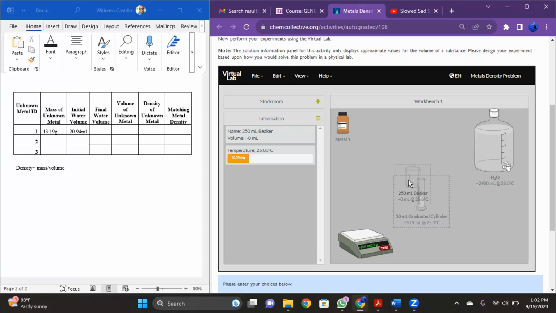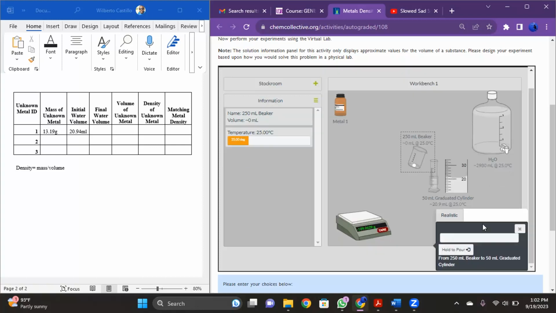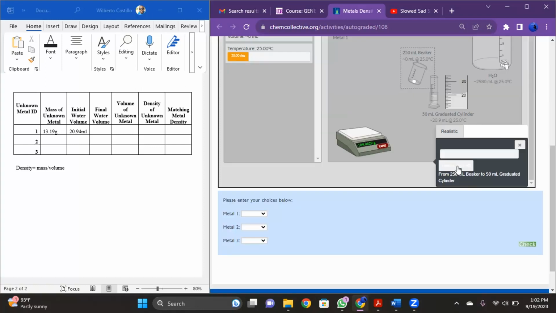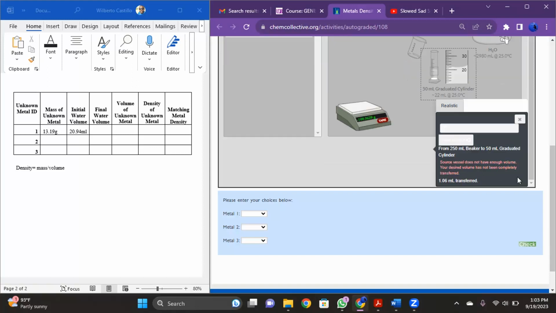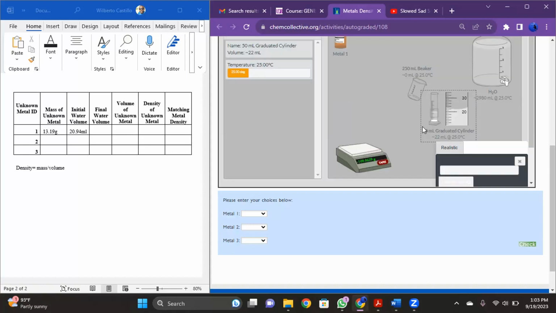Now we're gonna add here for a little bit. It says that we don't have enough space, but nevertheless, we have added 1.06 milliliter of metal into our cylinder.